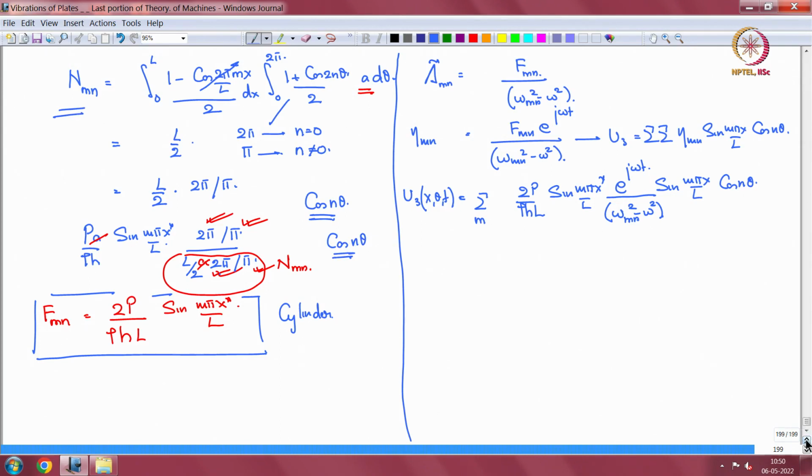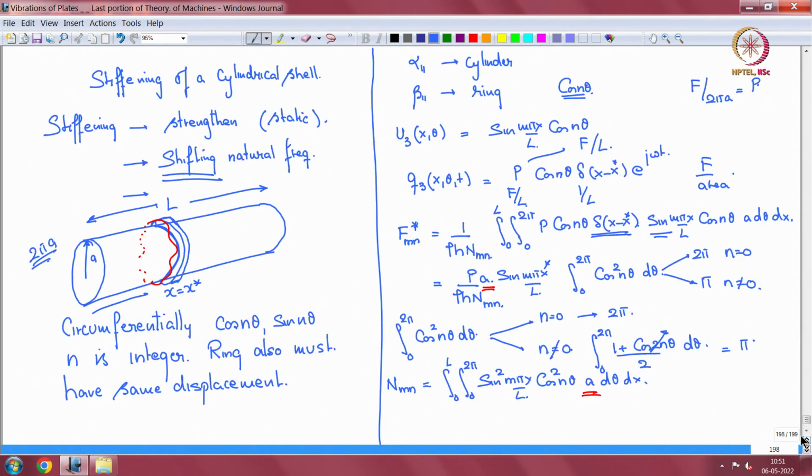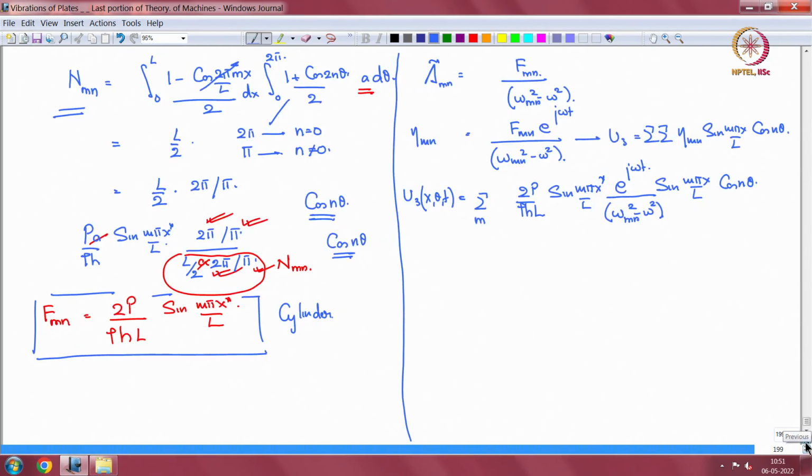I hope I didn't confuse the whole issue. What Nmn says, when we make it sine square m and cos square n, is that only the same mn will give a non-zero value. So there is no summation over n here because we are exciting at cos n.